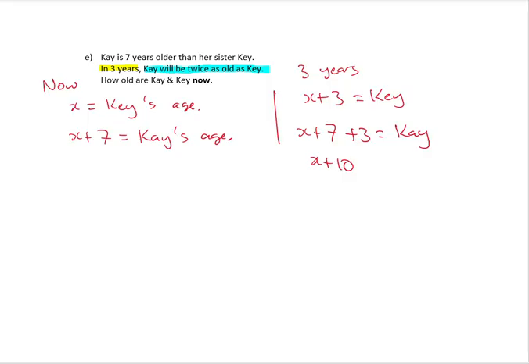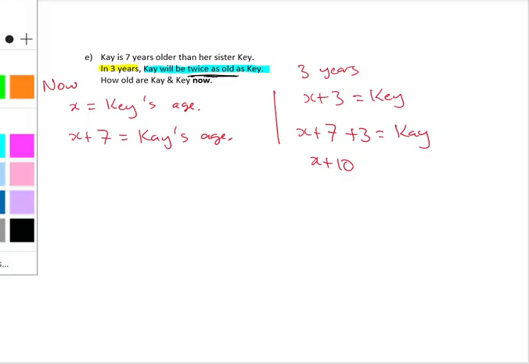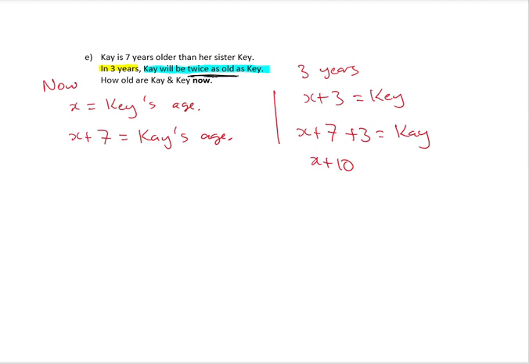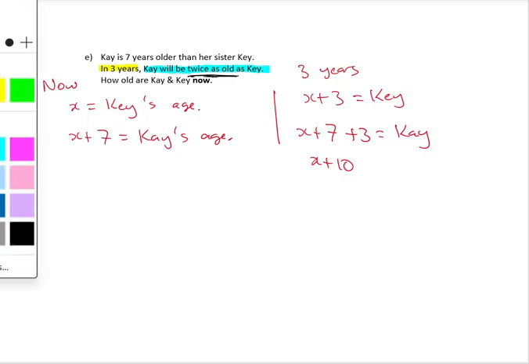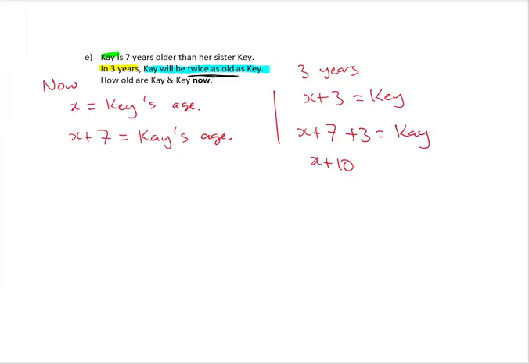You have to be careful with the wording here because it says twice as old. So in 3 years' time, you're actually going to be using these numbers.